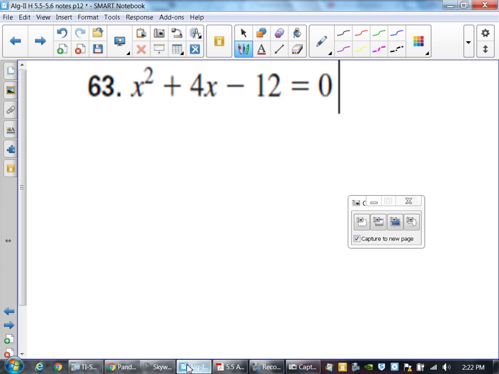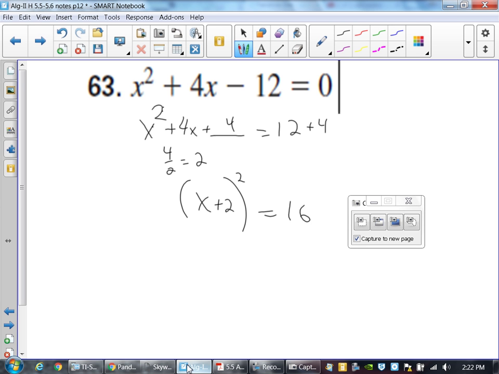So let's say you don't recognize your multiples of 12. x squared plus 4x plus blank is 12. Just work yourself through it and see how fast that is to complete the square.